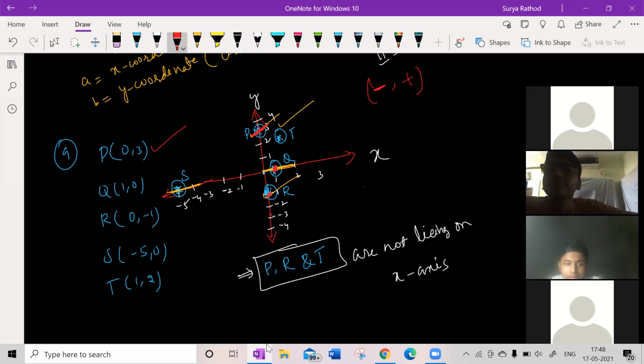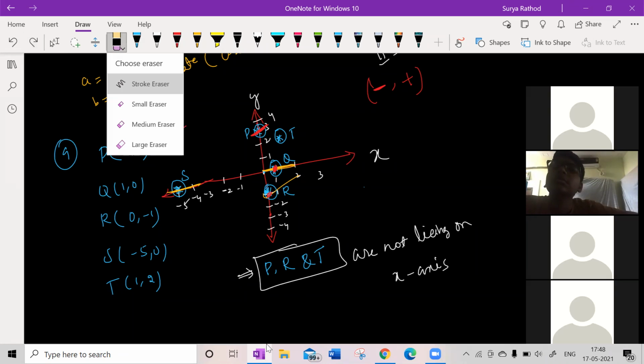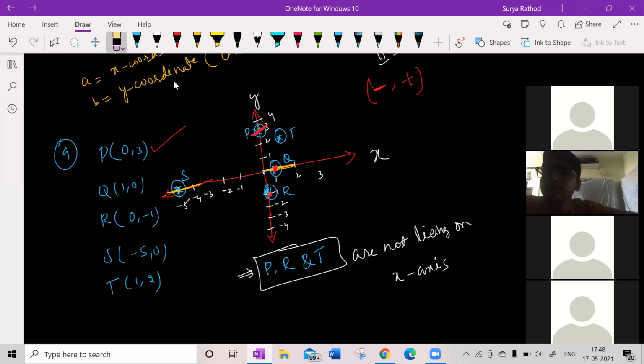That is probably why you got confused. This is point P, this is point T, this is point Q, this is point R, this is point S.